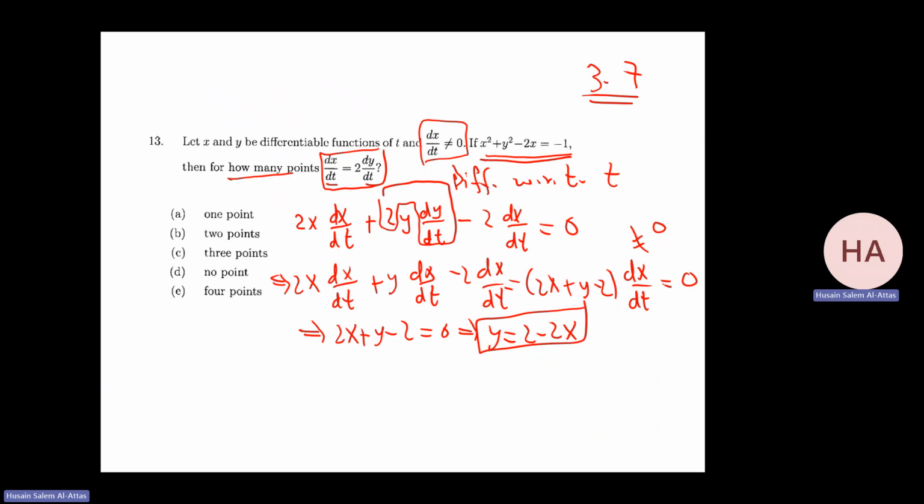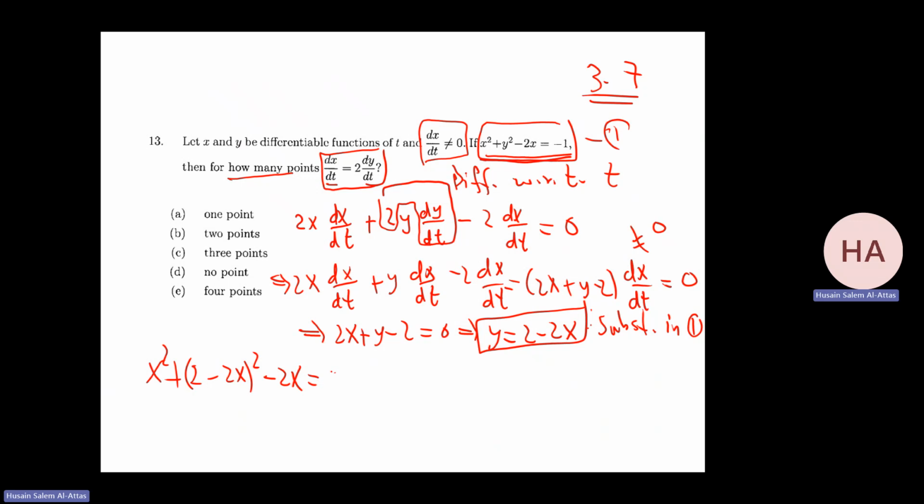And also I have this relation between x and y. So what I will do, I'll plug this in and substitute in equation 1 to get what? x squared plus y squared, which is x squared plus (2 minus 2x) squared, minus 2x.